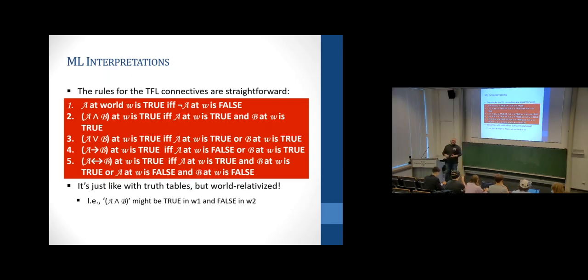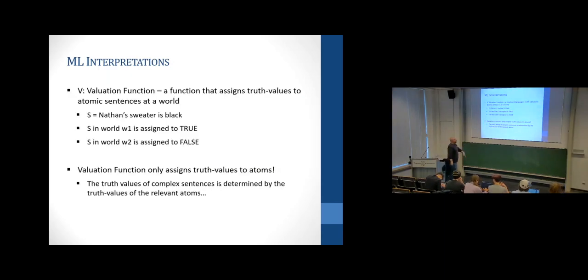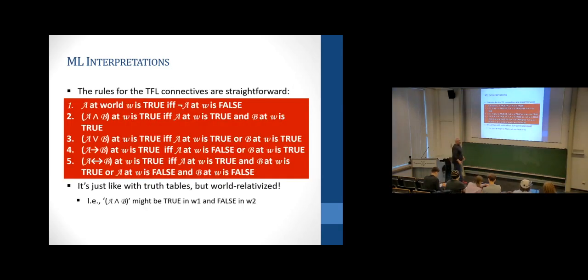So note, we've already got ways to figure out two of the three kinds of sentences we're going to have. Atoms, to go back a slide, will be true or false in the world just because the valuation function says they are, by stipulation. Complex sentences featuring the connectives are going to be true or false just like they were with TFL.